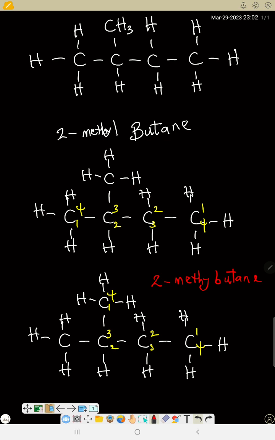Now we have a rule here. You will notice the way I'm writing the number. So anytime you write numbers, between numbers you use comma to separate, and between numbers and letters you use dash, just like what you see here. Between number and letter you use dash, but between two numbers you use comma, or three numbers.